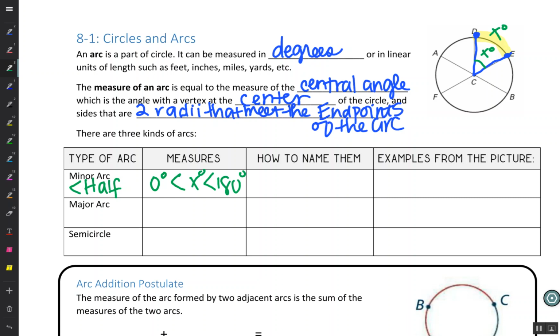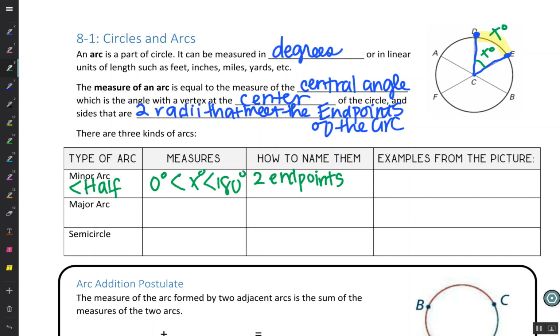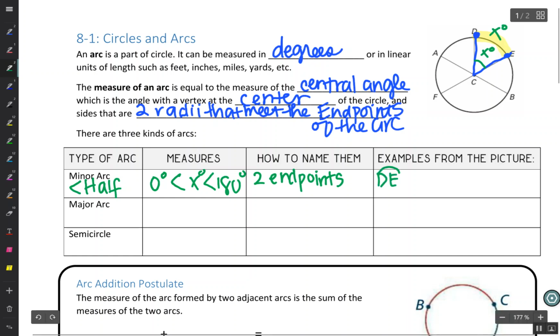Okay, and how we name them is with the two end points. There's only two letters for a minor arc. Okay, so this one I have here is the example DE, from D to E. That's less than half a circle.